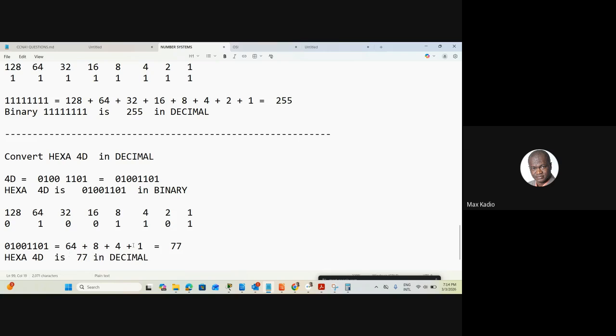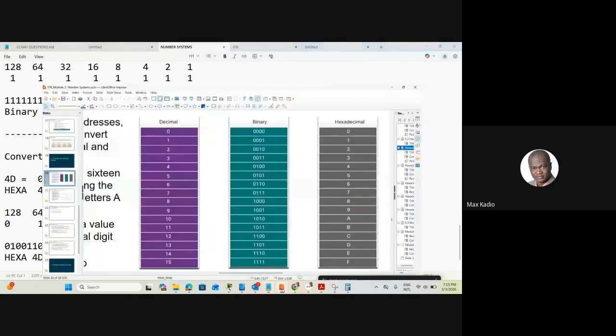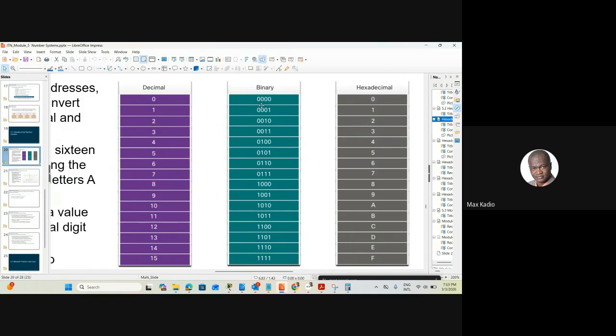This is how it works. It's not difficult, just because it's new. If you practice, it gets easier. So this one was chapter 5, how to convert decimal to binary, binary to hexa, and so forth.